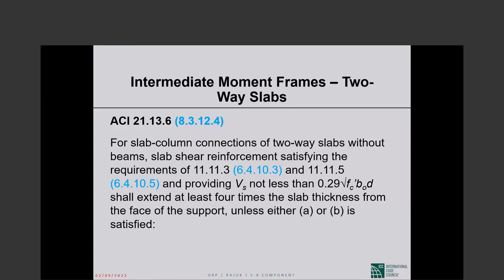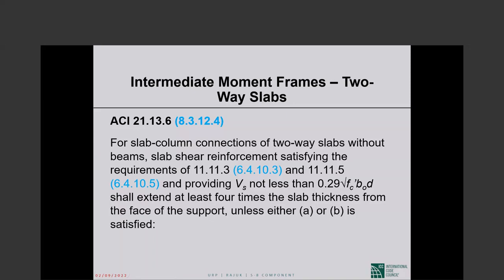Now this was done for flat plate column frames that are not part of the resisting system of a building in a high seismic design category. This is why the section is 21.13.6.